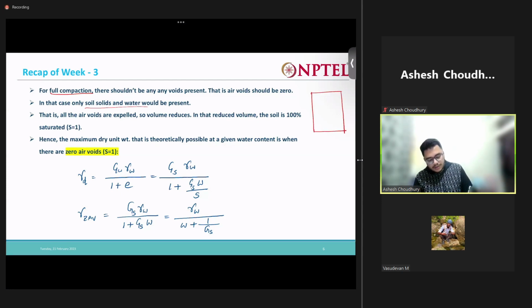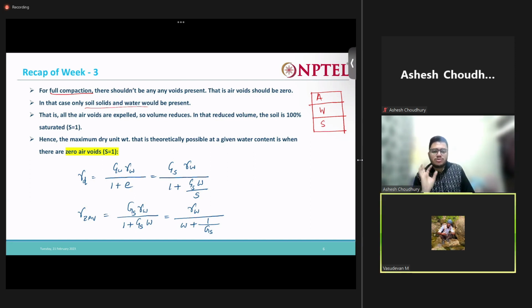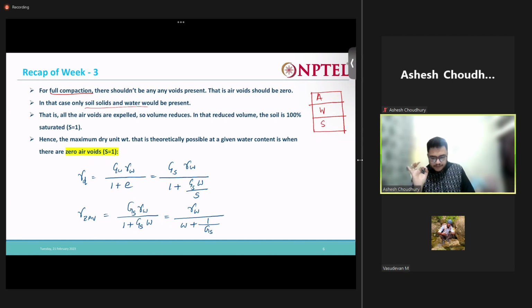So we have our soil solids, we have our water, we have air. In the ideal case, what you have done, you have eliminated this air completely.